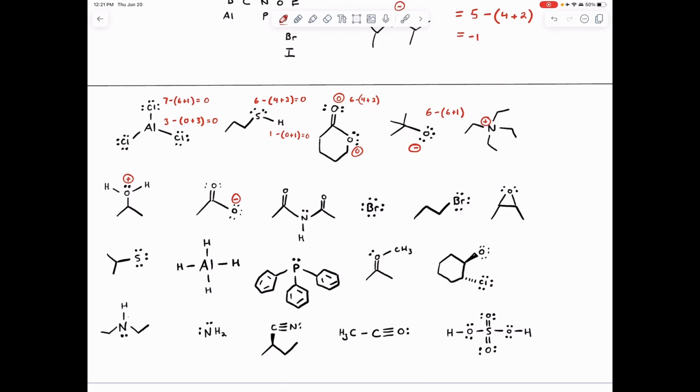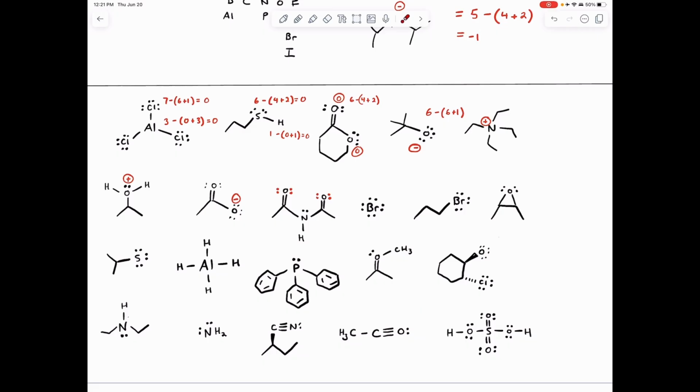Ooh, I forgot to draw in dots on this one, so there should be dots right here. So pardon me. On this one, if you got very funky answers, we are going to amend them. And so that's actually instructive. You are usually not going to see formal charges that are higher than +2 or -2. +2 and -2 are really, really rare to begin with.